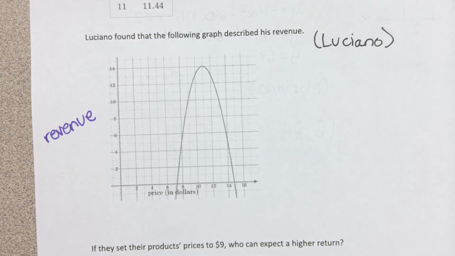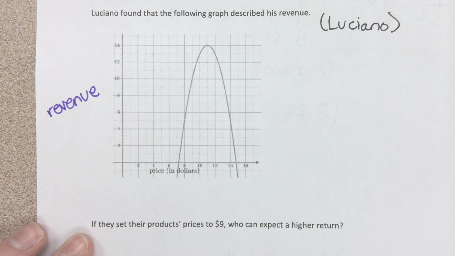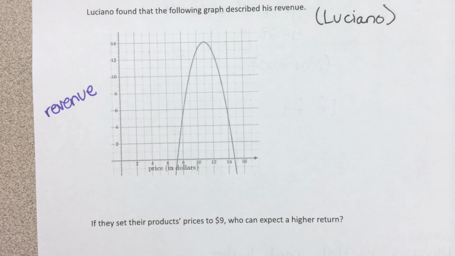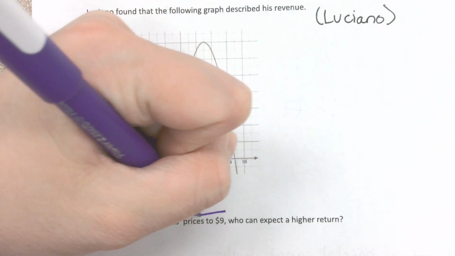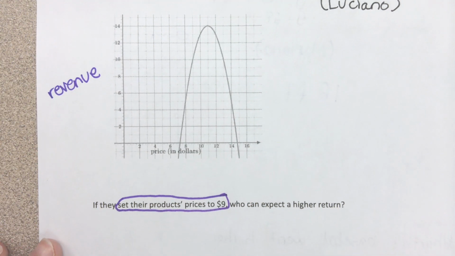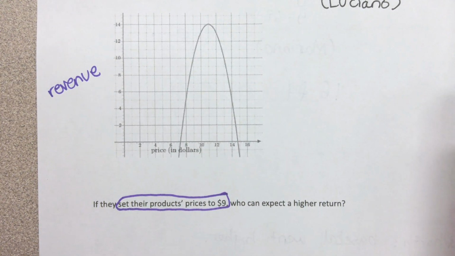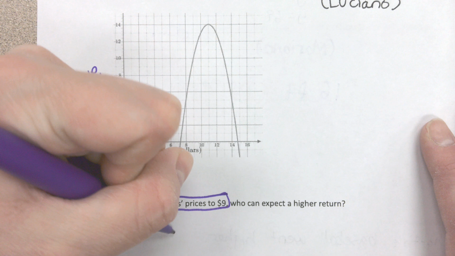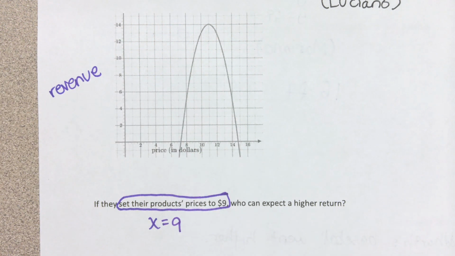The question we're answering: if they set their product's prices to $9, who can expect a higher return? If we set the product's price to $9, that means we're letting X be 9.